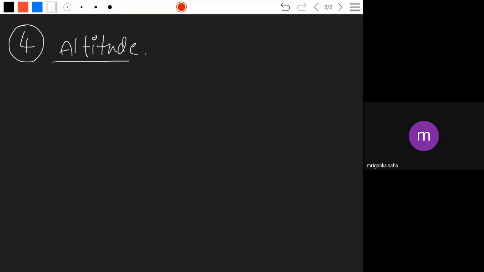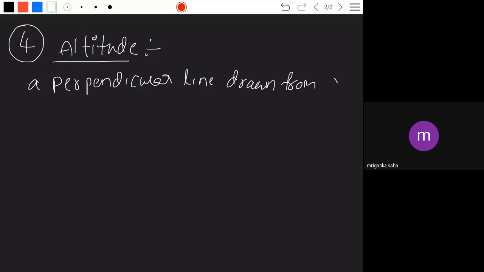Height always cannot be said as an altitude. Whatever your answer is, you are right in part. But the original definition of the altitude is: a perpendicular line drawn from a vertex to its opposite side is called the altitude.